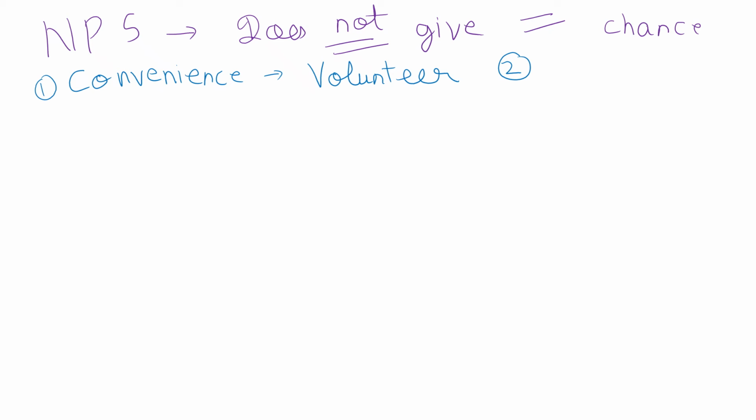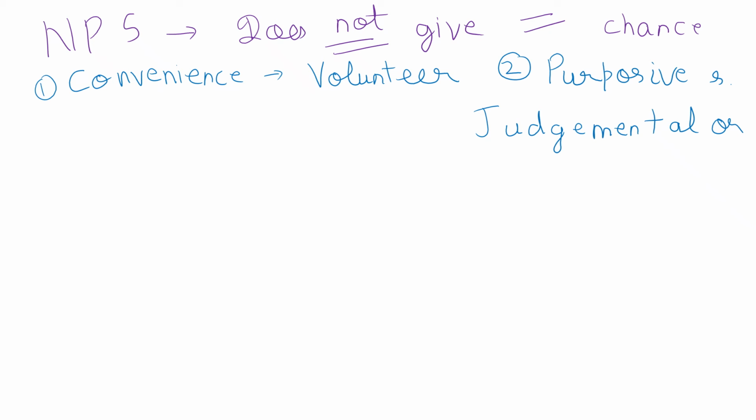Second type is purposive sampling. I'll explain this in great depth because you need to know about it. Purposive sampling is also known as judgmental or selective sampling.